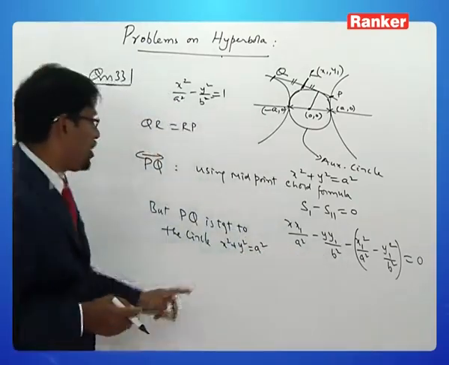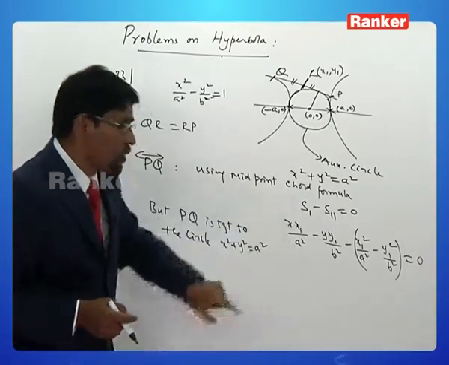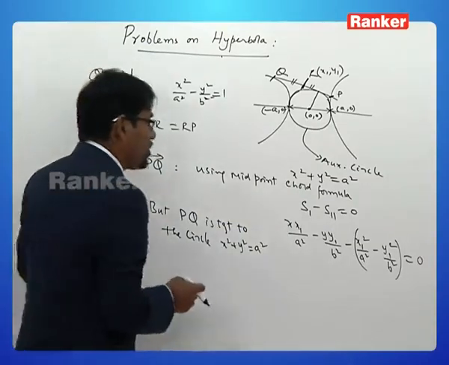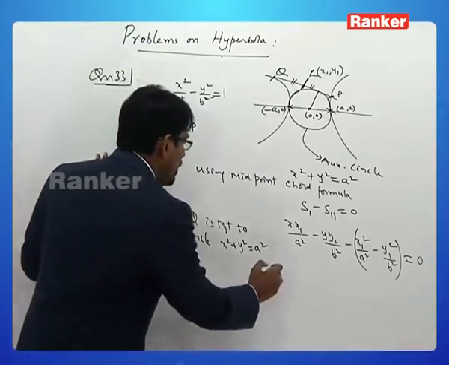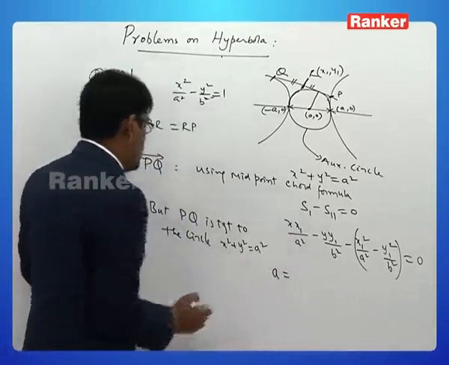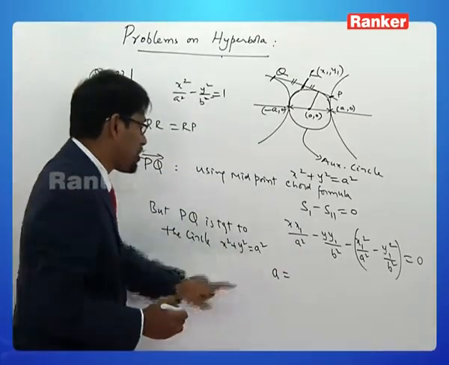It is mod c by under root of the coefficient of x square plus coefficient of y square. So what do we have? The perpendicular distance has to be equated to a by the tangency condition, a is the radius.